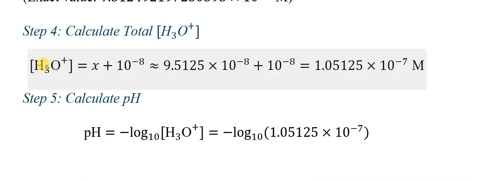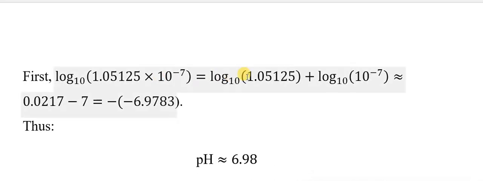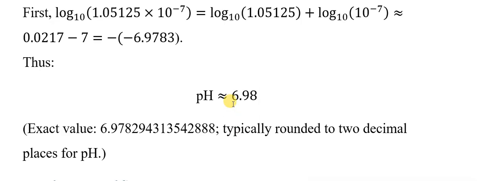That is the concentration of hydronium ion of HCl. If we calculate the pH, it is 6.98 after calculating the log values. That is justified, that is less than 7.